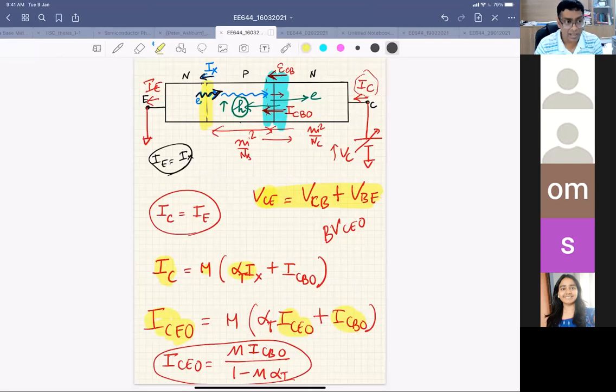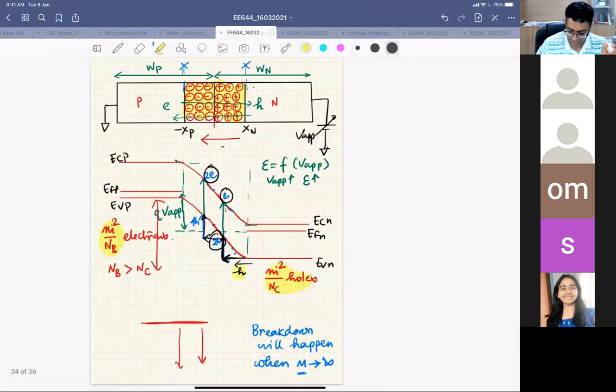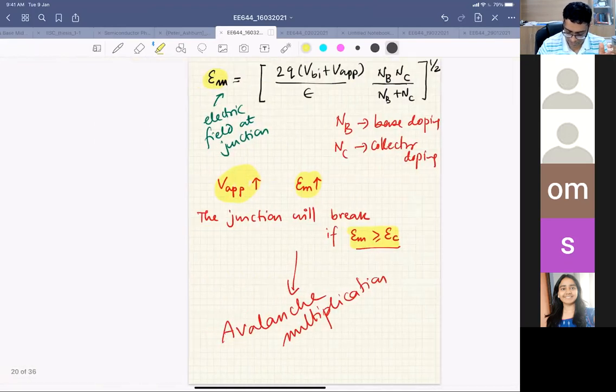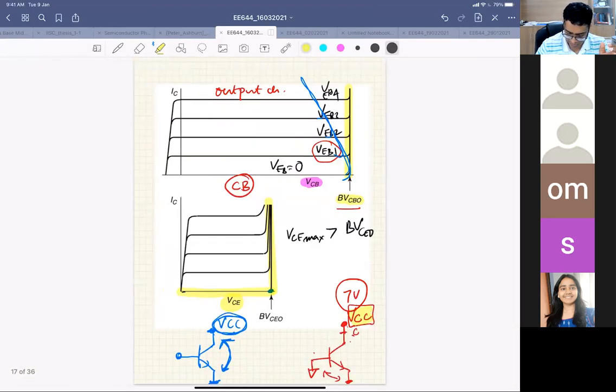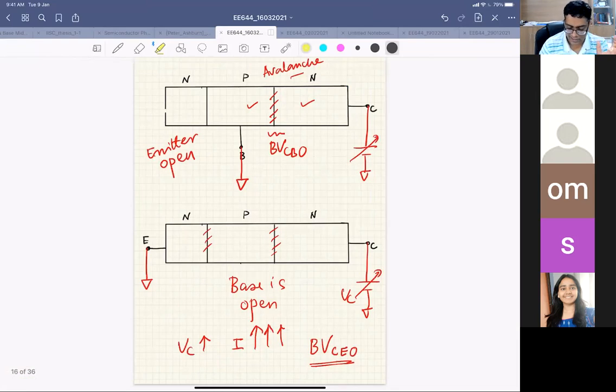And if you think about the physics, your BVCEO will be smaller than BVCBO. Because your base is open, the holes are collected, I am increasing the potential of the base, and that is forward biasing my emitter-base junction, which is not happening in the BVCBO case. When I'm talking about BVCBO, the holes are not collected.